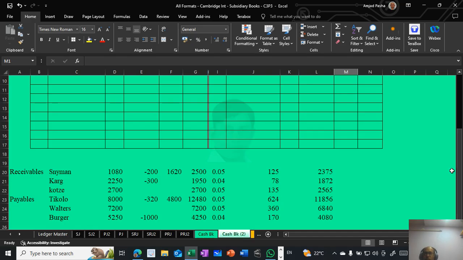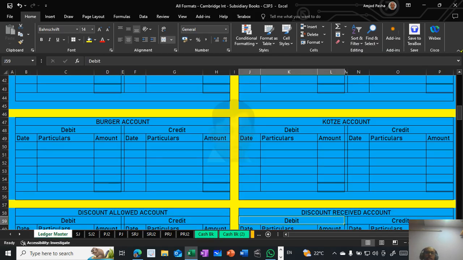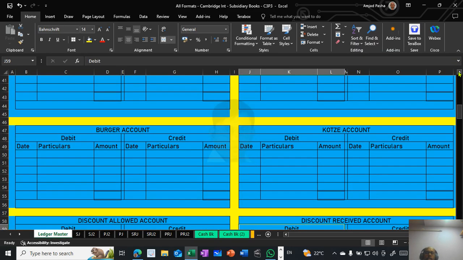So now what is left? So now we have to prepare ledger accounts. So what are the ledger accounts? We have to prepare all the ledger accounts of all the parties.